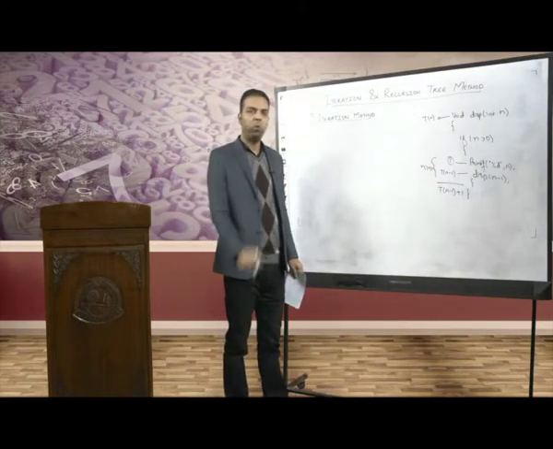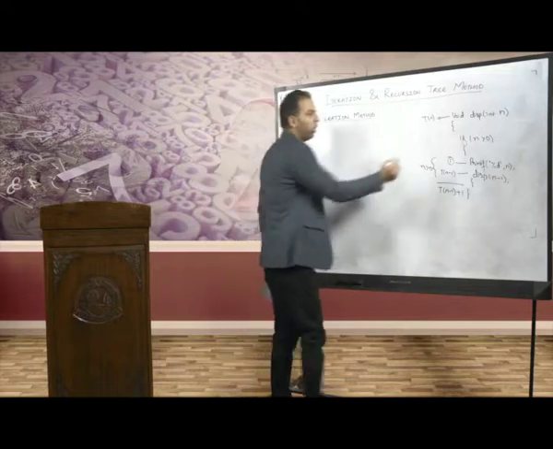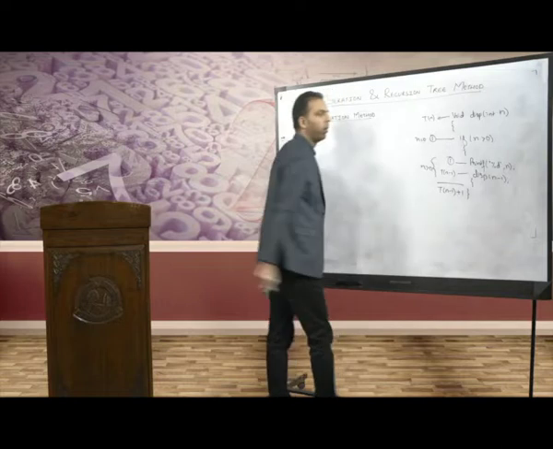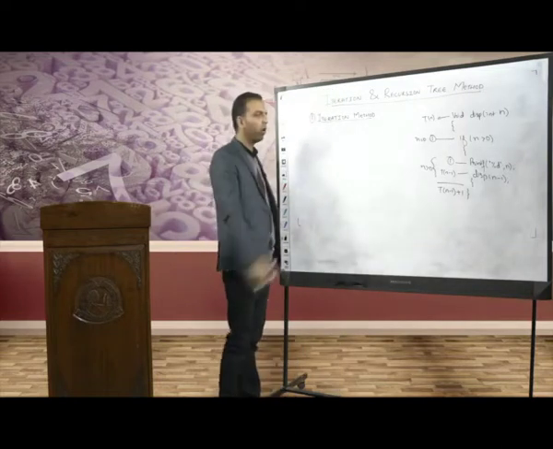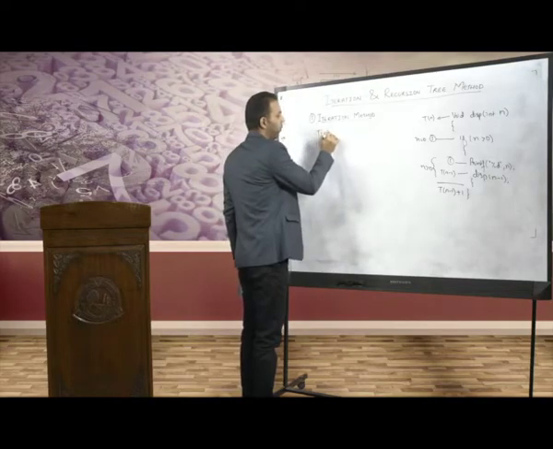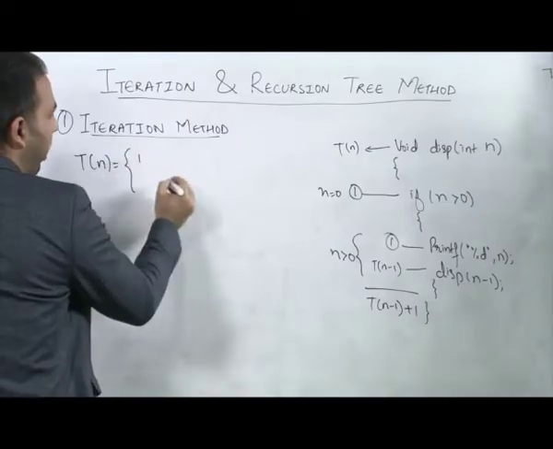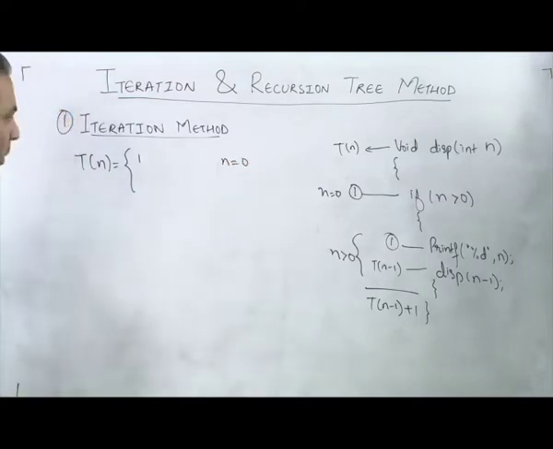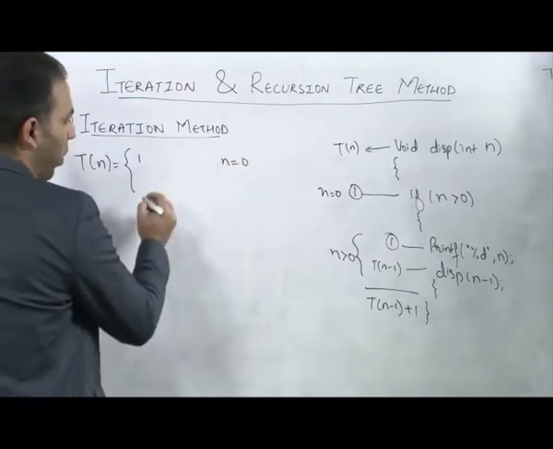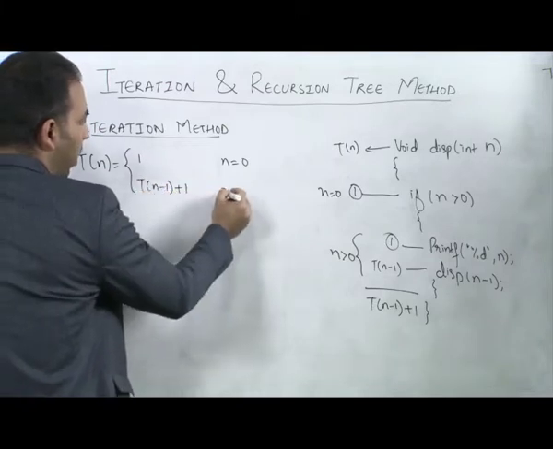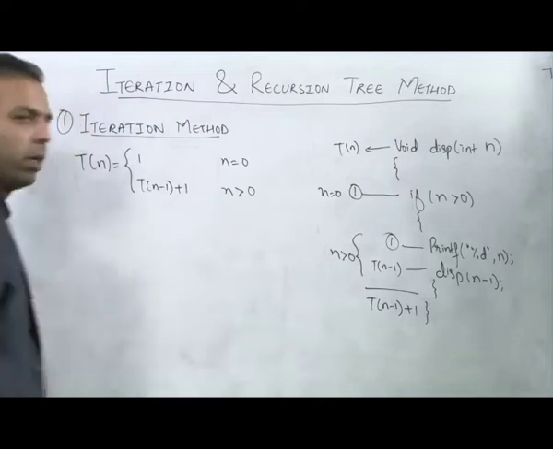And what will happen when n is equal to 0? It will only be executed once. So there you have your recurrence. Your recurrence is 1 when n is equal to 0, and it is equal to T of n minus 1 plus 1 when n is greater than 0.